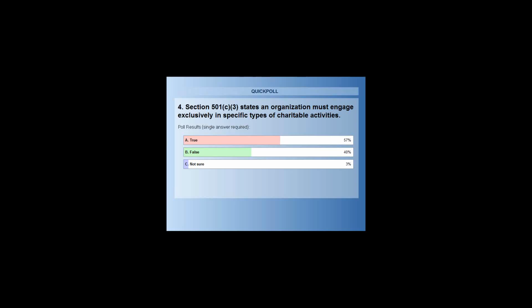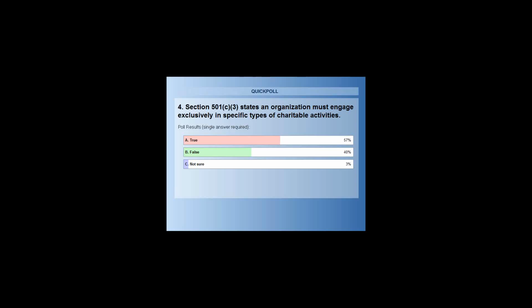Thanks, Debbie. Now, where this question becomes so important is that the service has kind of pulled a little bit of a trick on us. I guess it's the Treasury Department, actually, that writes the code and the regs. Section 501(c)(3) actually reads that an organization must be organized and operated exclusively for charitable, educational, scientific, etc. purposes.